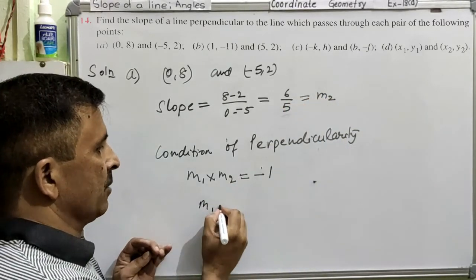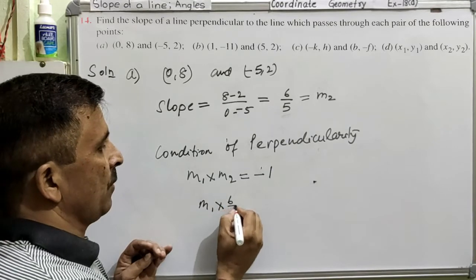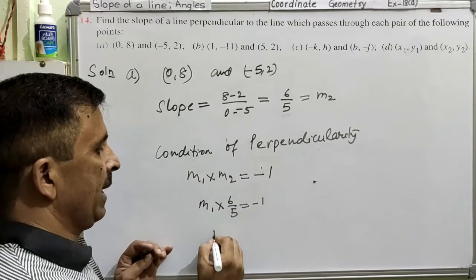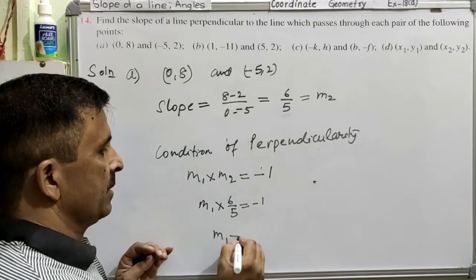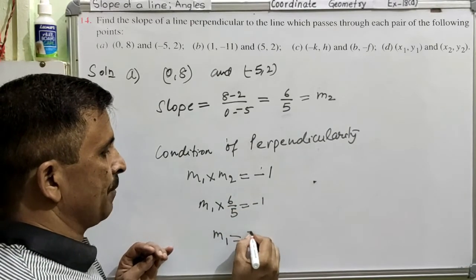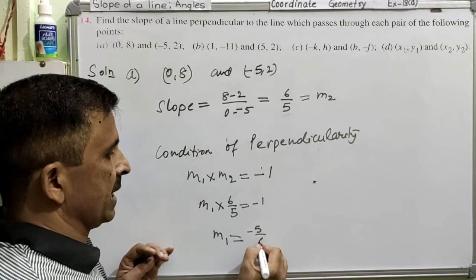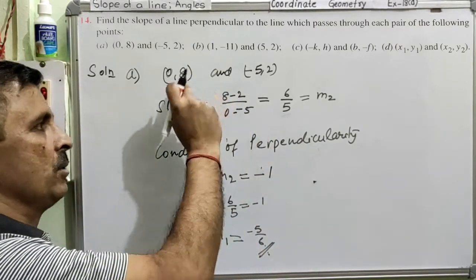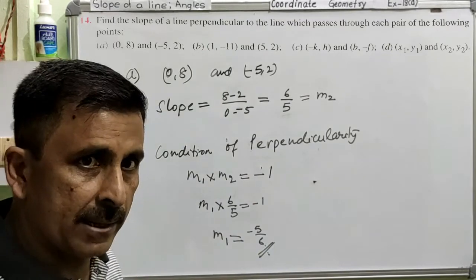So m1 into 6 over 5 is equal to minus 1. So m1 will become what? Just cross multiply, minus 5 over 6, and this will become the slope of your line which is perpendicular to this one. Am I very clear?